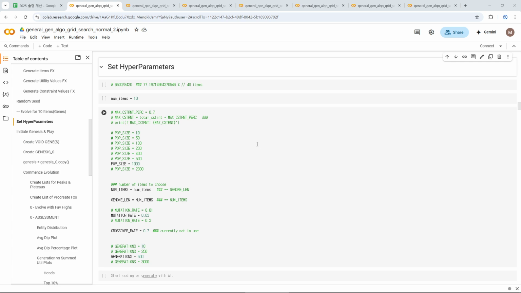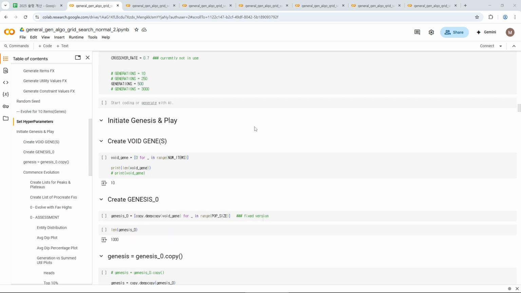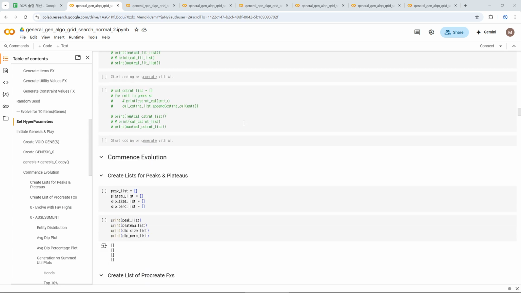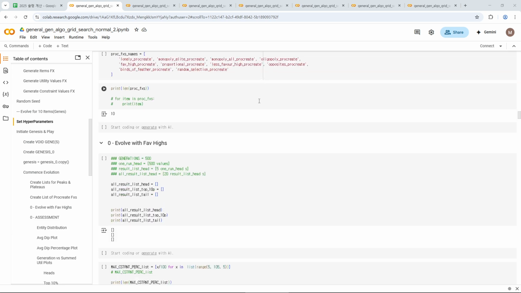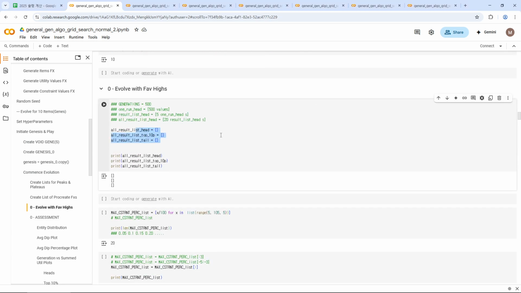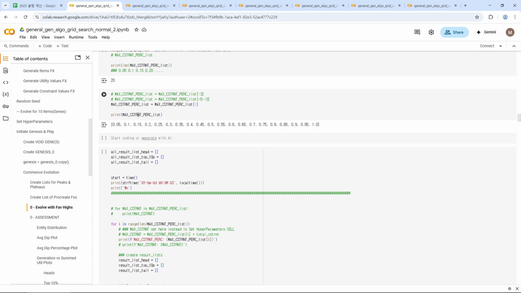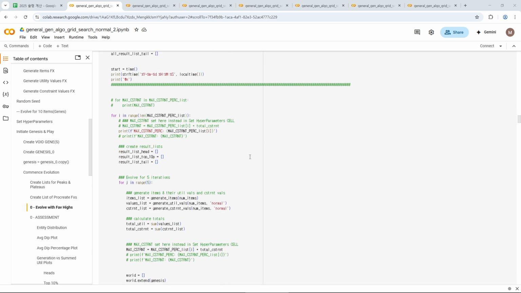Nothing much has been changed, and we create the void genes, store the values, create a list of max constraint percentage lists. I really should stop coughing.